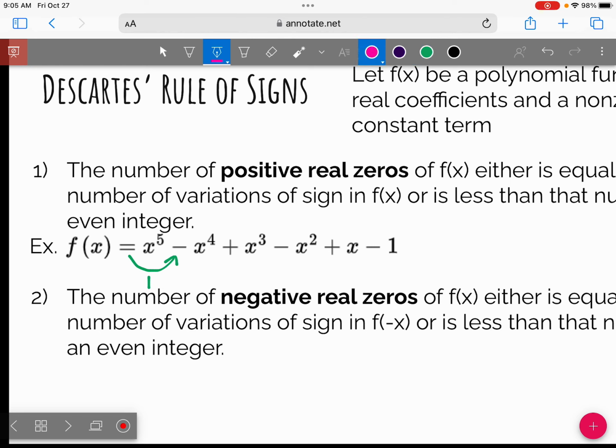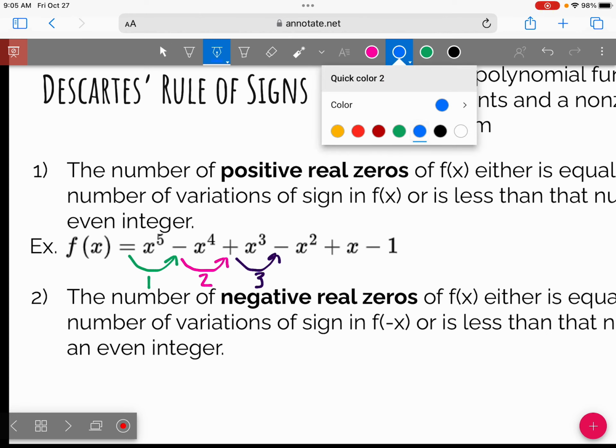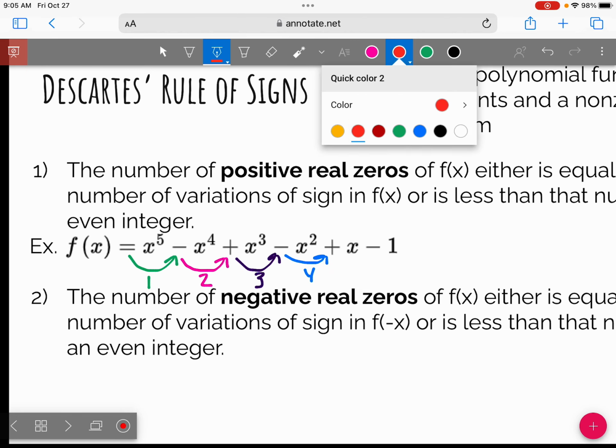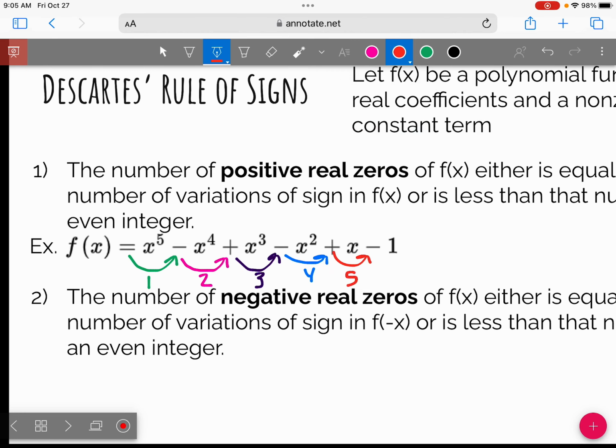And now it's negative, and it changes sign again, so that would be 2. And then it changes sign again, so that's 3. And let me get another color. It changes sign again, so it's 4. And it changes sign one more time, so there are 5 sign changes here.